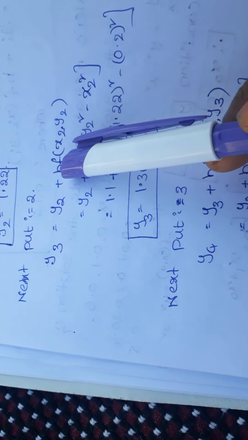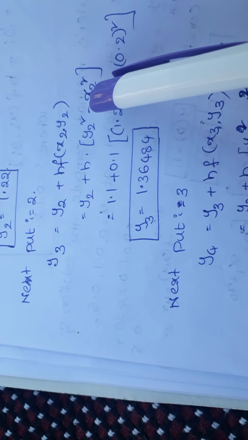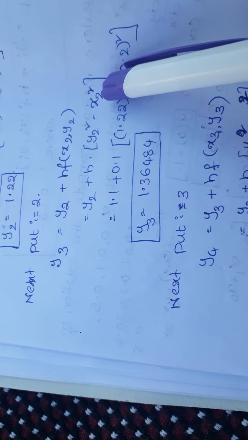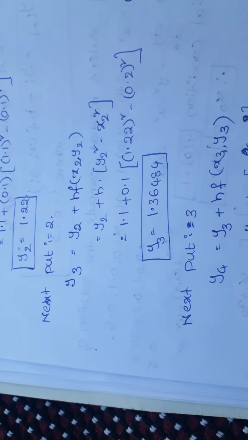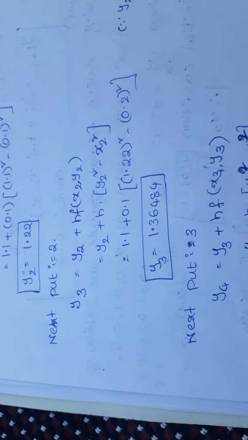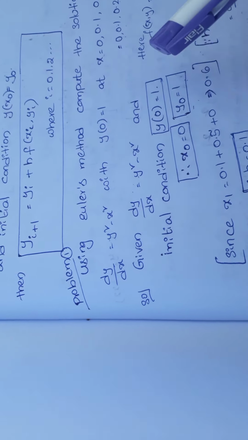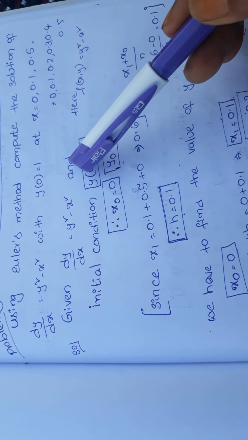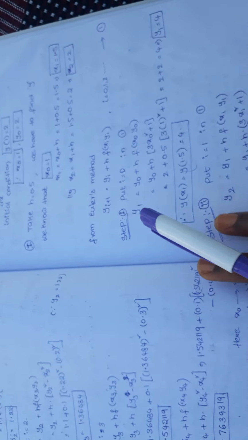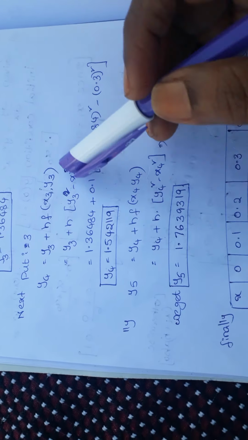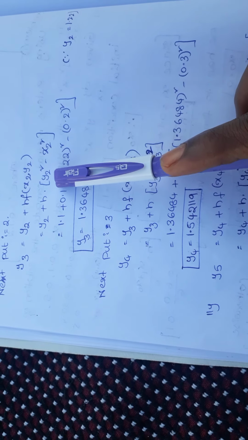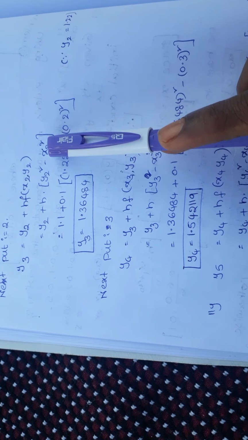Function f of x2 comma y2 means y2 square minus x2 square, because the given differential equation is f of x comma y is equal to y square minus x square.